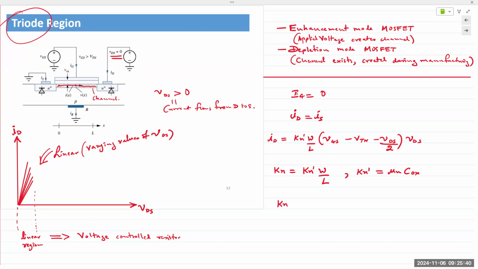Kn and Kn prime are known as the transconductance parameters, with units of amps per volt squared.